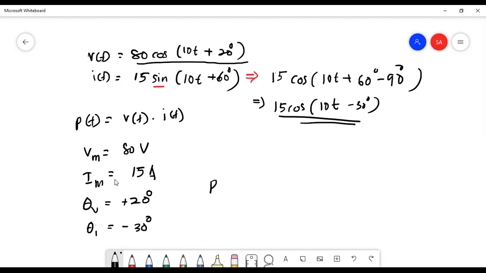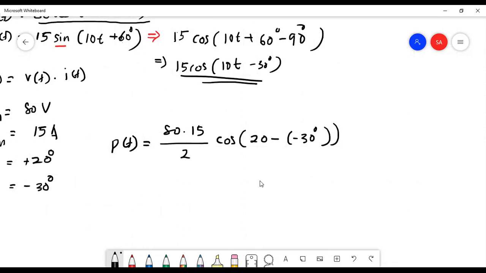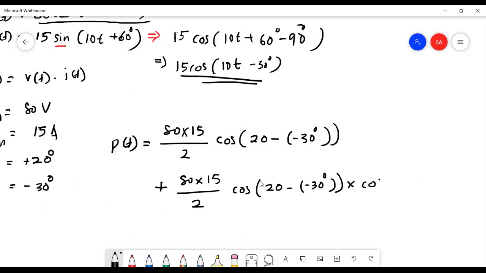And the function of the instantaneous power is Vm Im, so 80 multiplied with 15 over 2, cos of theta v minus theta i, so 20 minus negative 30 degrees, plus 80 multiplied with 15 over 2 cos of 20 minus negative 30 degrees multiplied with cos 2 times 10t.